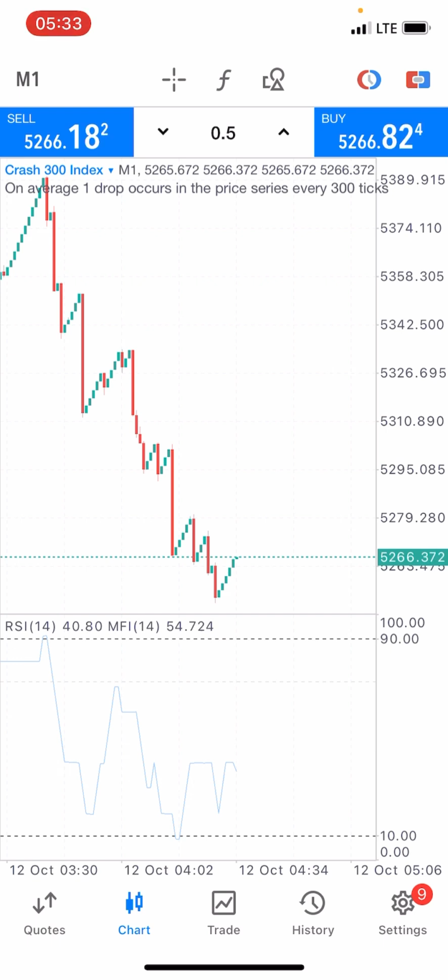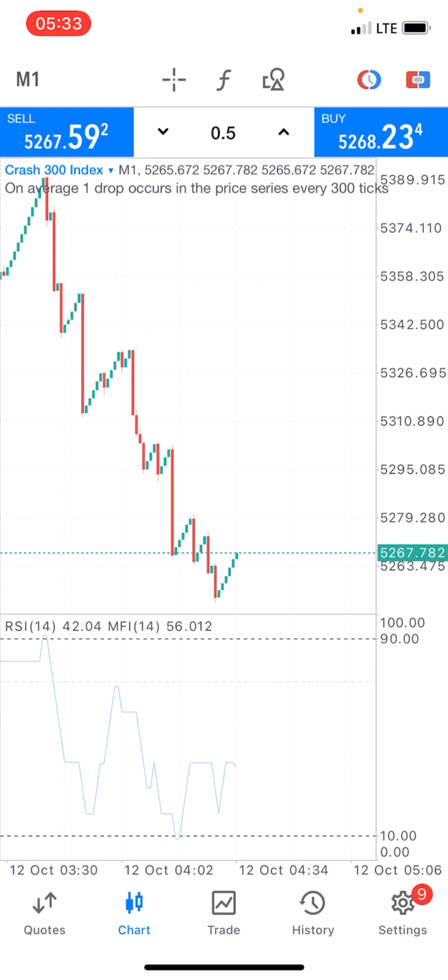So the MFI indicator is an indicator that measures the buying and selling pressure by analyzing price and volume data, and it visually presents the flow of money in and out of an asset. Like now, this is Crash 300.